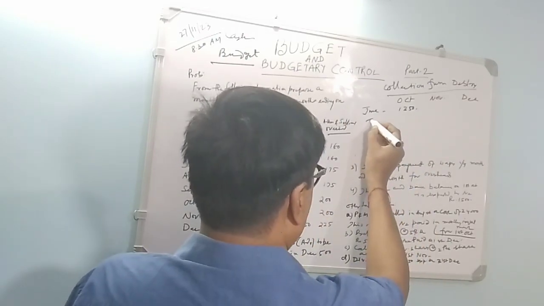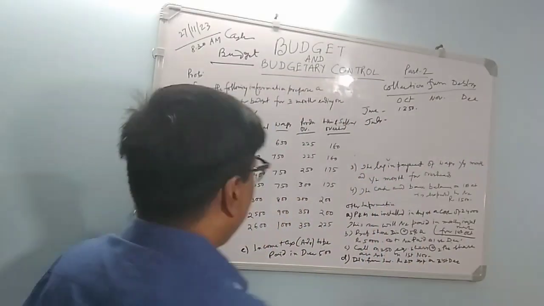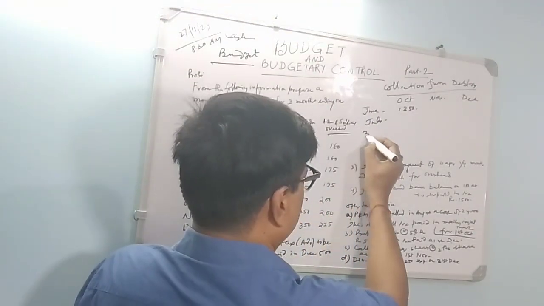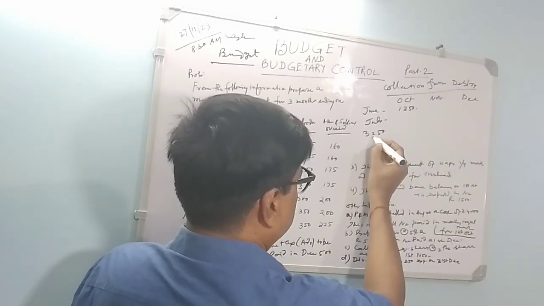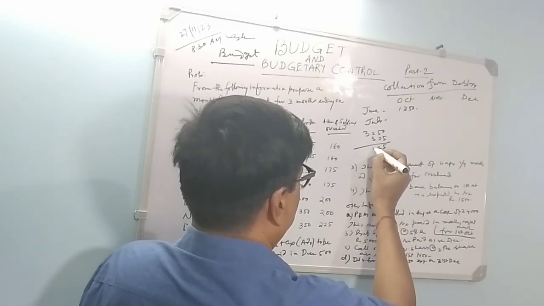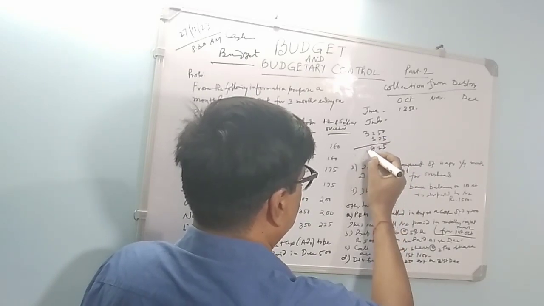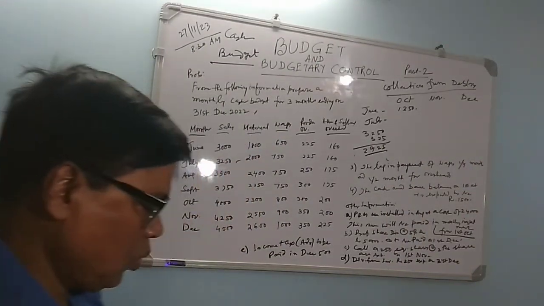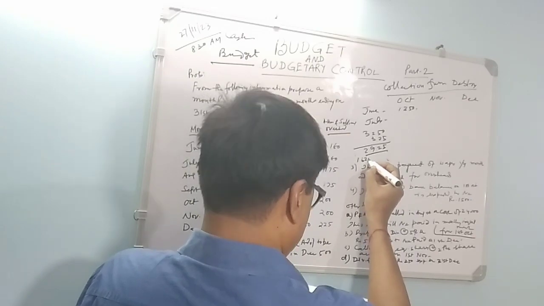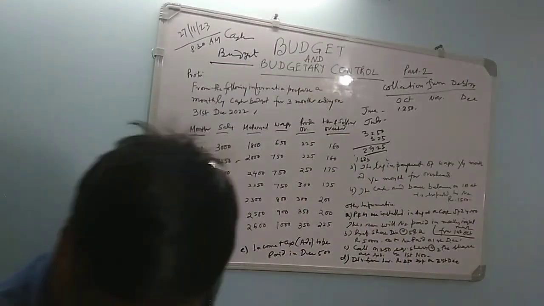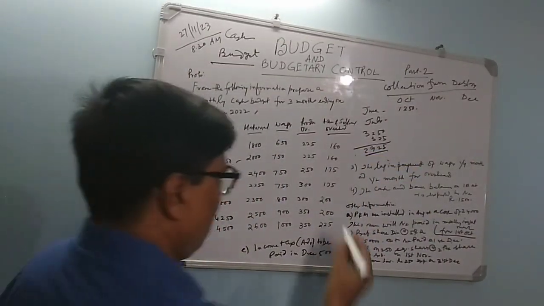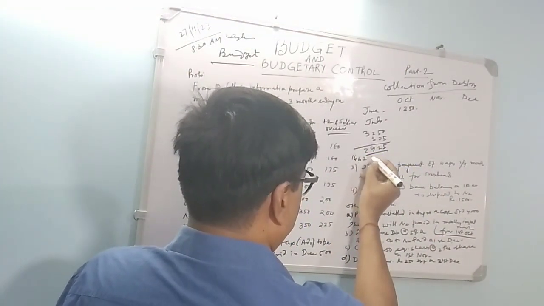Next, July month's payment. July month's payment is 3250. Similarly, 10% of 3250 is 325, which we can minus, giving 2925. 50% of 2925 is 1462.50.